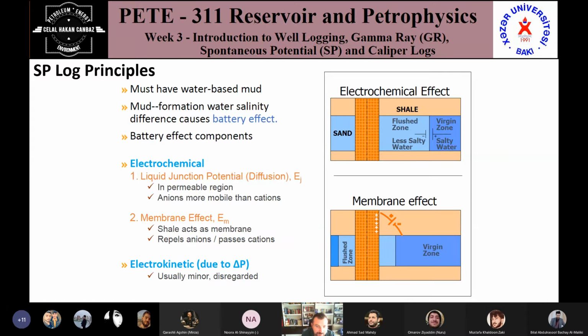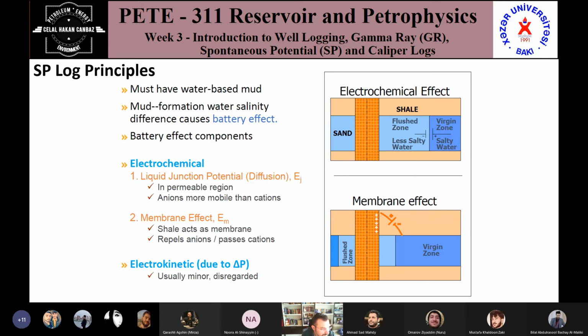Okay. So in the electrochemical components, there are two parameters. First of them is called the liquid junction potential, the diffusion, EJ. The second one is the membrane effect, EM. For example, shales always act as a membrane.